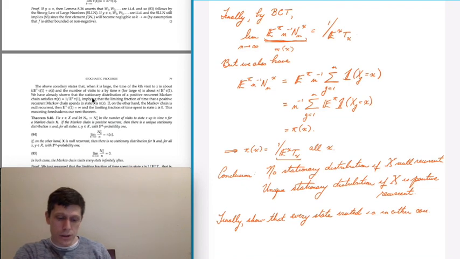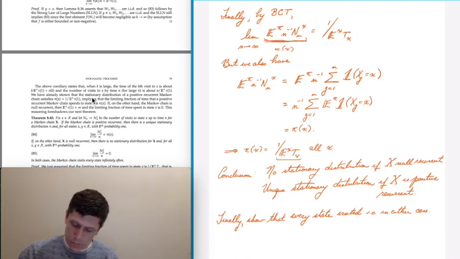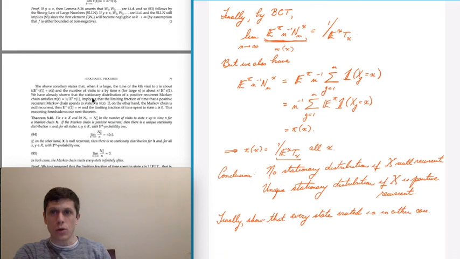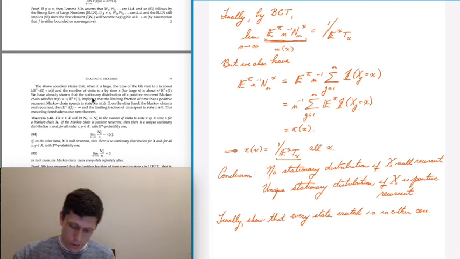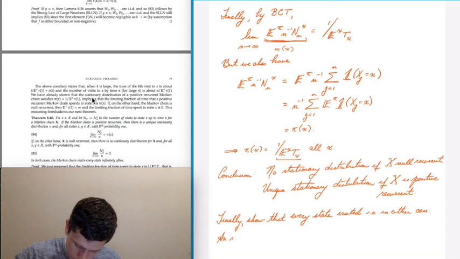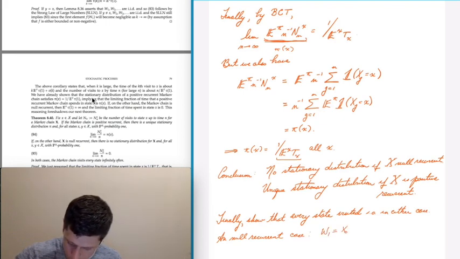But we can also show this is true, so the only thing we need to argue then is that it holds also in the null recurrent case, and we can do that by appealing back to these excursions. So in the null recurrent case, consider these W's that we talked about earlier.